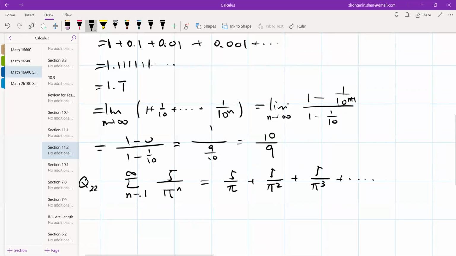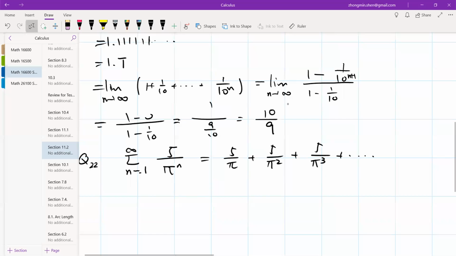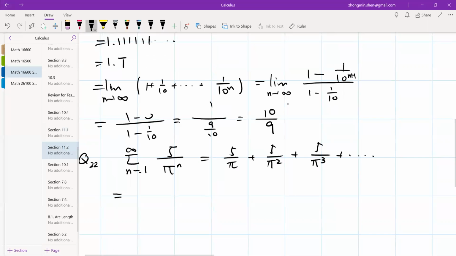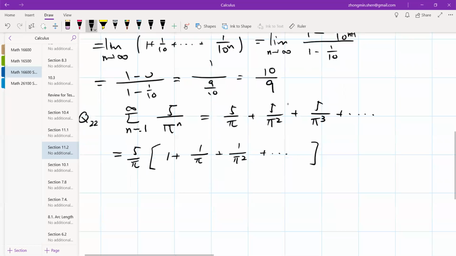Now this is viewed as the limit of the sum of n terms, or n plus 1 terms. You can do it like this. You take 5 over pi out. Then the first term will be 1, the second term 1 over pi, the third term 1 over pi squared, just like the usual way we do. So now r is going to be 1 over pi, which is smaller than 1.